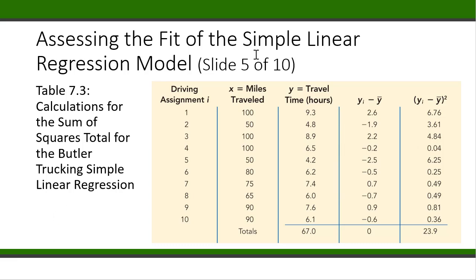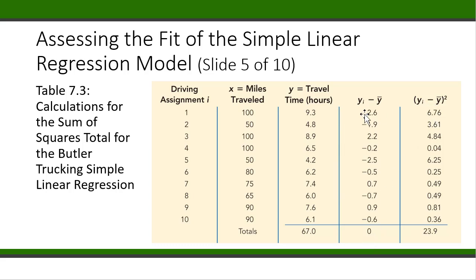So if we look at this table 7.3, they just show you how to do those calculations. Right, so y sub i, this one minus 6.7 gives you 2.6. Since this is less than 6.7, we got a negative 1.9. We just do all that.